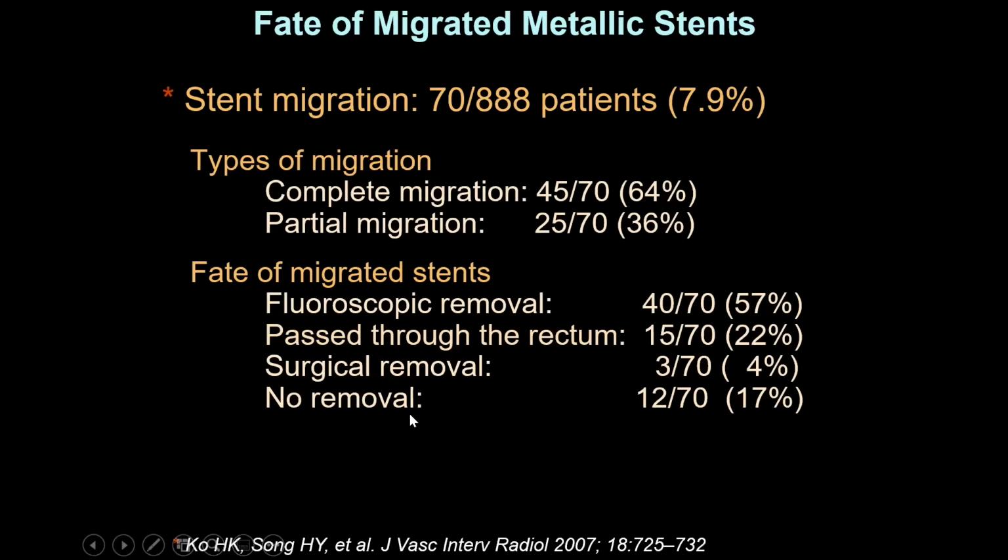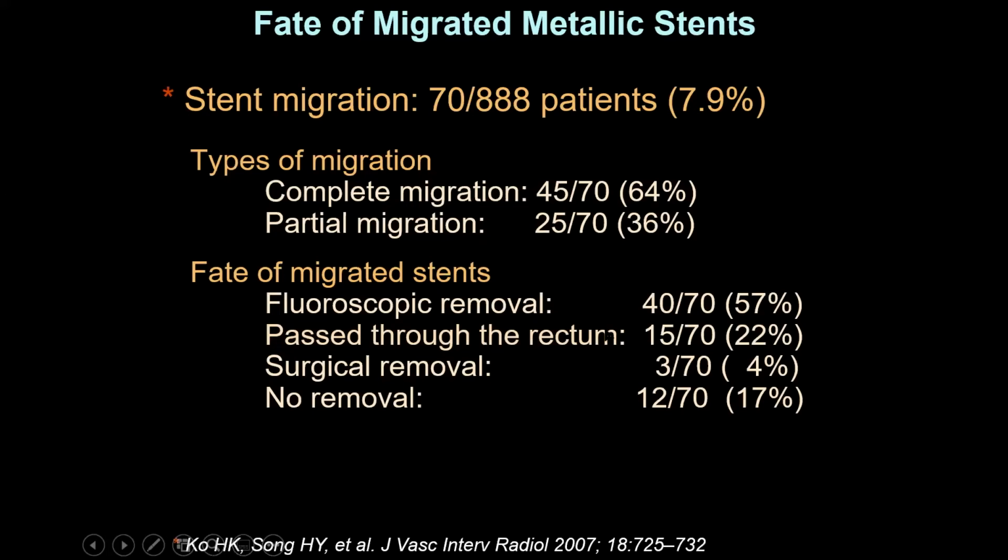So here you can see the type of migration. 64% showed complete migration and 36% partial migration. 57% of migrated stents were removed fluoroscopically and 22% passed through the rectum.